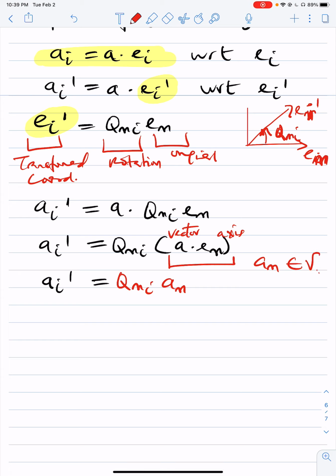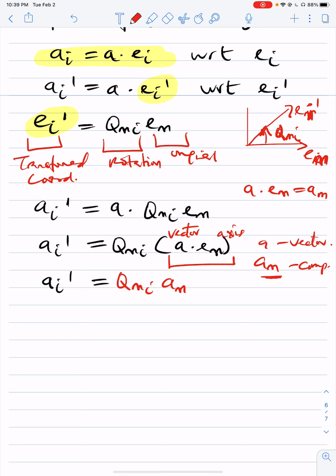That's the vector itself, A is the vector itself. So don't forget, A dot EM gives you AM. The dot product of the vector itself and the axis, or the coordinate system, will give you the components of the vector, right?